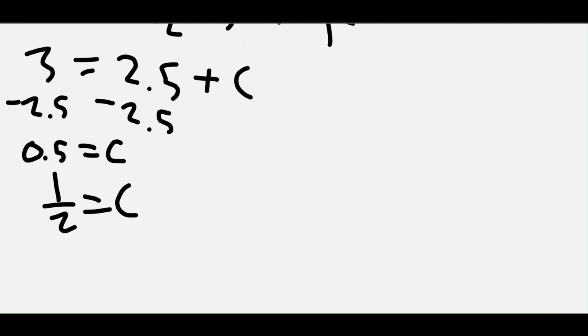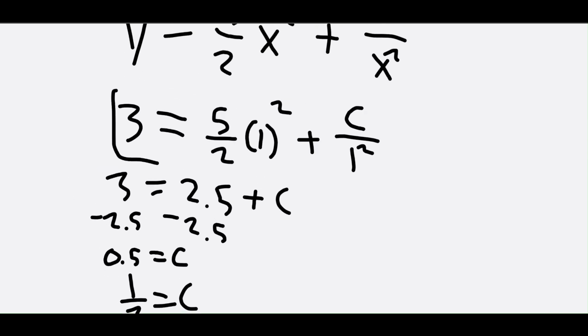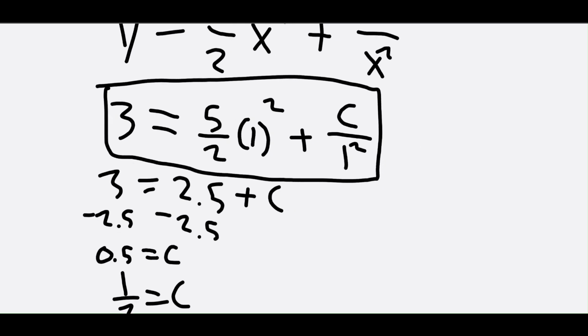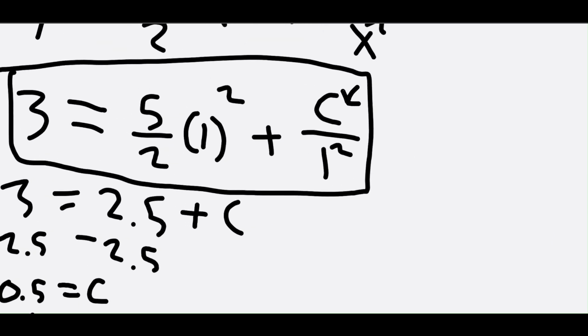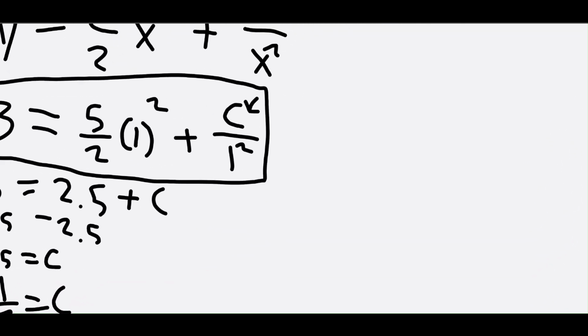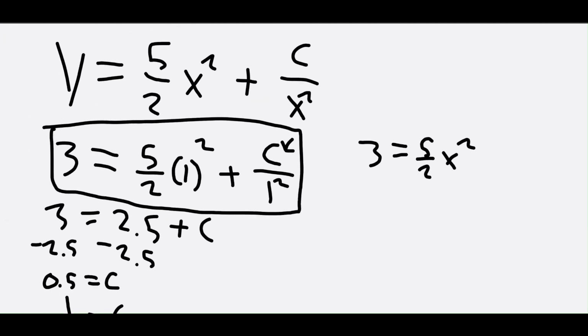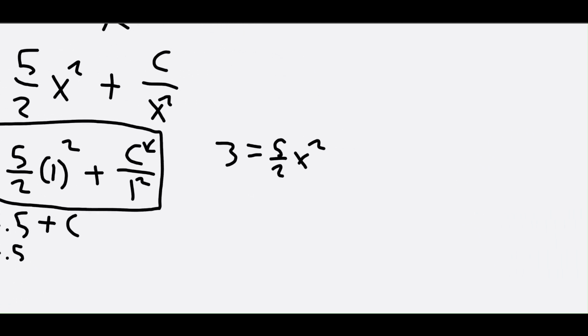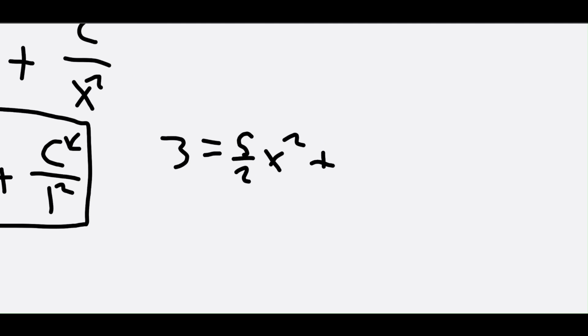Now, let's go back to that equation we found before. Well, guess what? Now we know what c is. We know that c is 1/2. So when we rewrite the equation, y equals 5 over 2 x squared plus what over x squared?